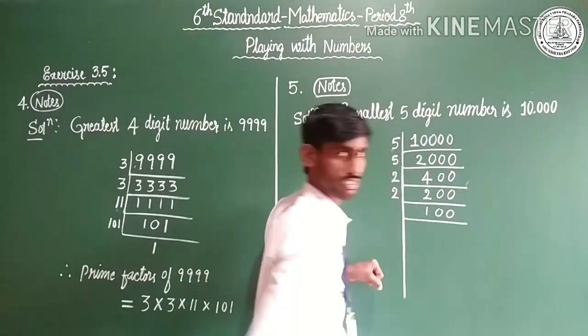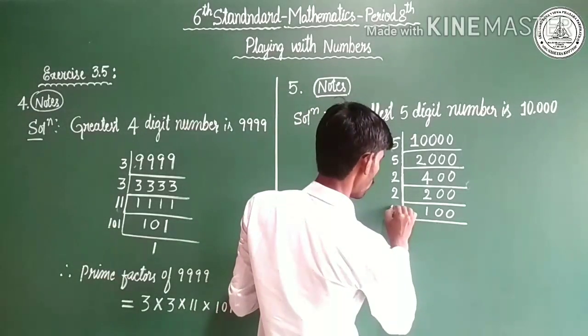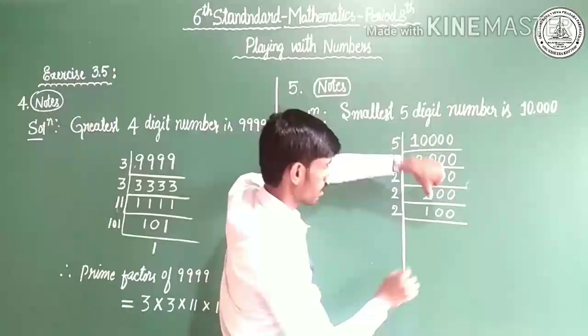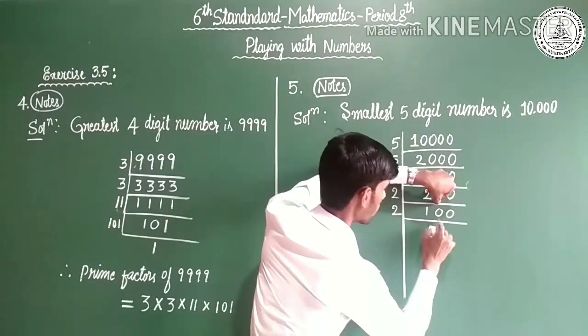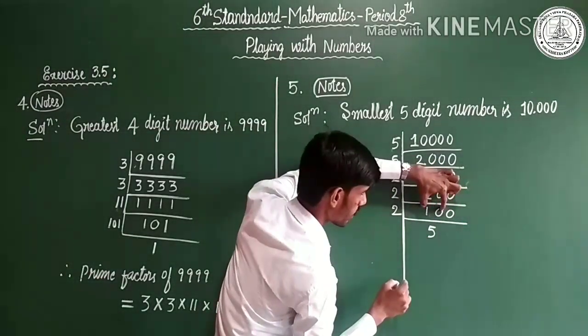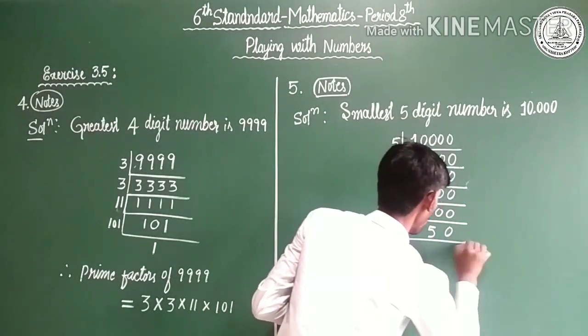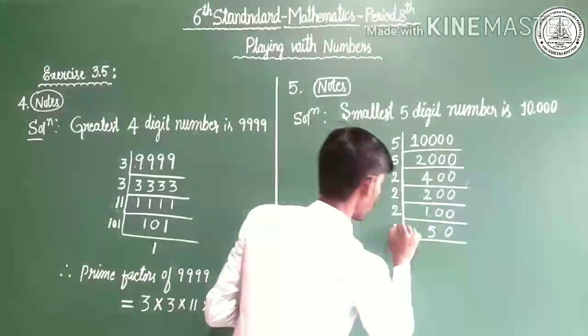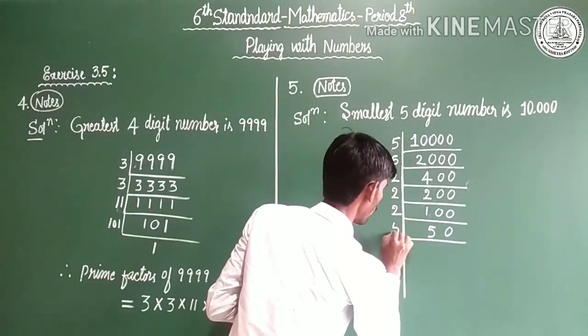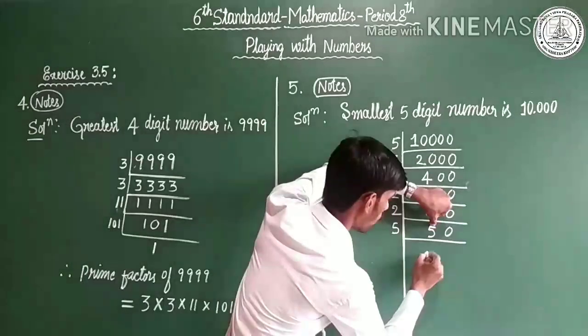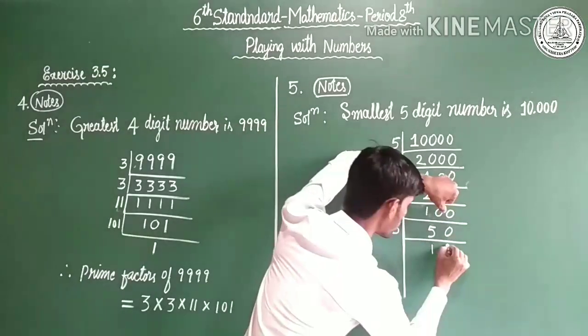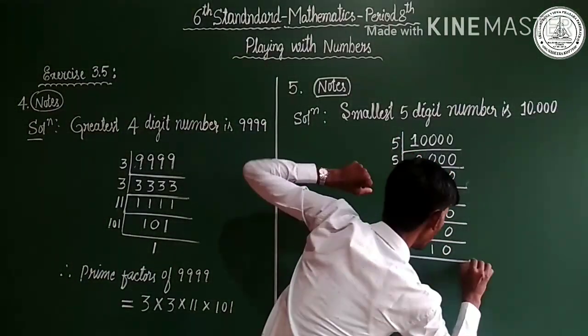Draw a line. Next, 2 5s are 10. Next, 2 zeros are 0. Okay, draw a line. 5 1s are 5, 5 zeros are 0. Draw a line.